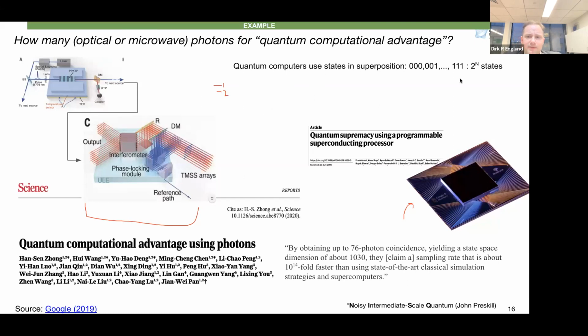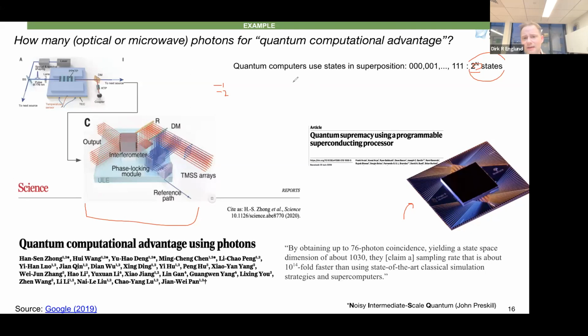And that's really why these intermediate scale quantum computers have reached this quantum computational advantage. They can do that if this number of states is very large. The number of states that you need to describe the correlations of your measurement, if that number is large, then you're in the regime of quantum computational advantage. So how large does n have to be? How large does the number of photons have to be for this 2 to the n to be intractable for classical computers?